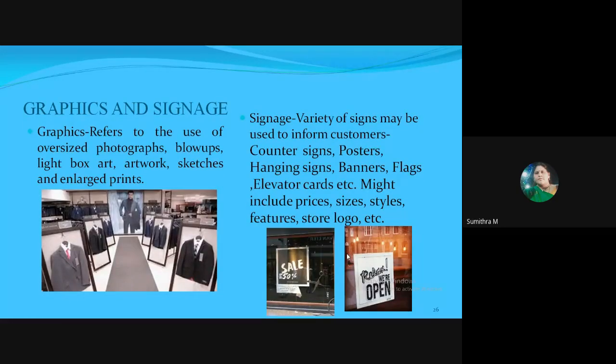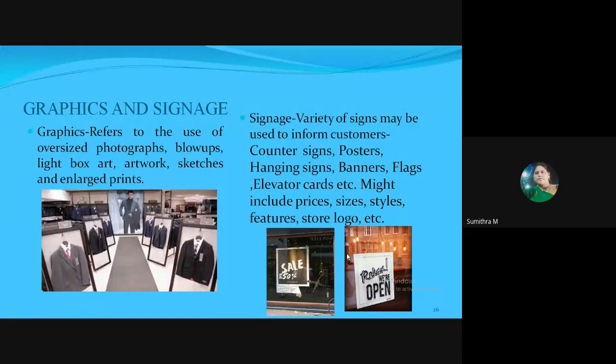Next topic is about graphic signage. Graphics refers to the use of oversized photographs, blow-ups, light boxes, artwork, sketches, and enlarged prints used to attract the customers.